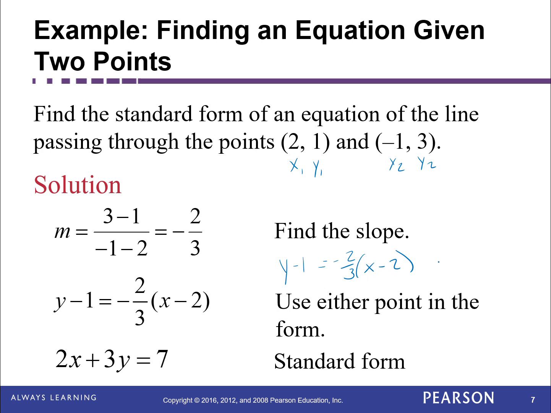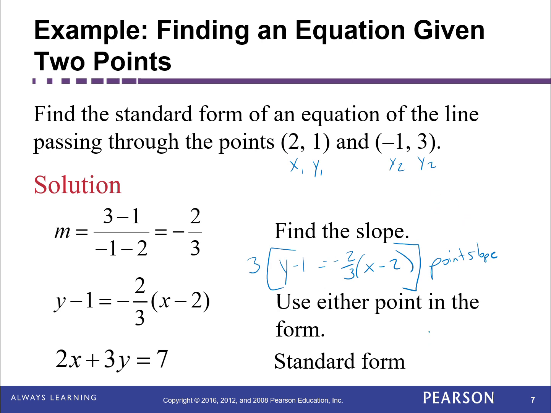Like I said, we want to put it in standard form. If we're going from point-slope form to standard form, then we're going to have to multiply to get rid of this fraction. So we're going to multiply the entire thing by 3.